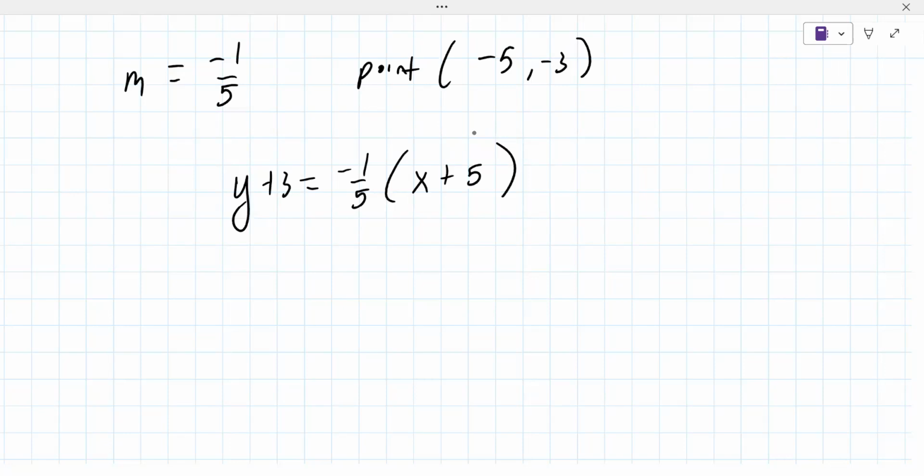Y equals -1/5 x minus 4. Correct? Yeah, good. Really good.